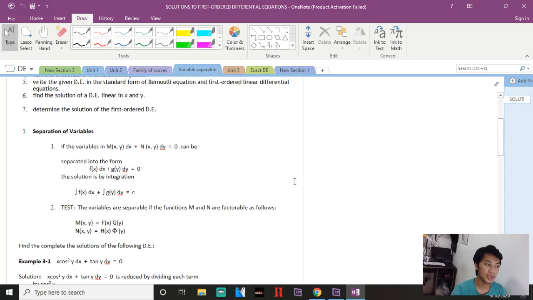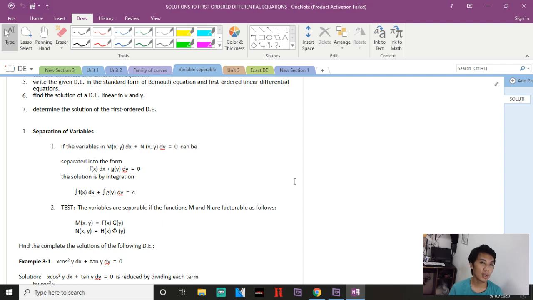Separation of variables. If the variables in M of X and Y dx plus N of X and Y dy equal to 0 can be separated into the form f of x dx, the differential in terms of x, and g as a function of y dy equal to 0, the solution is integrable.